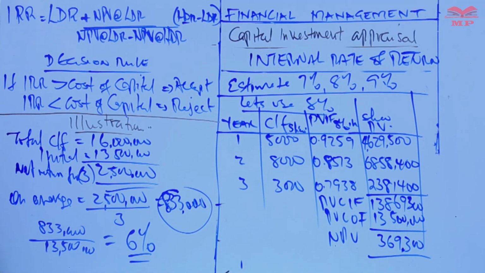Now I might lose some of you here. So we said in computing IRR, we need two discounting rates or two costs of capital. One has to give us a positive NPV. The other one has to give us a negative NPV. And both NPVs must be close to zero.